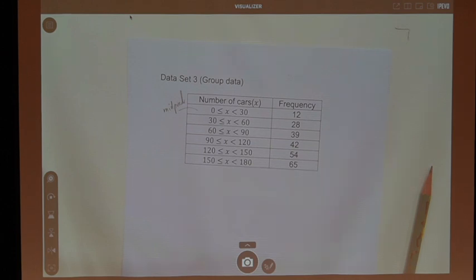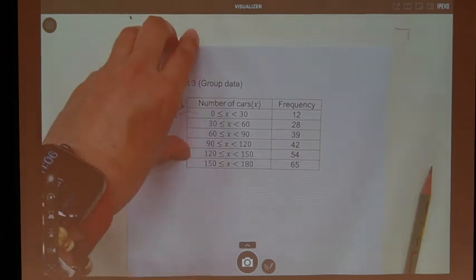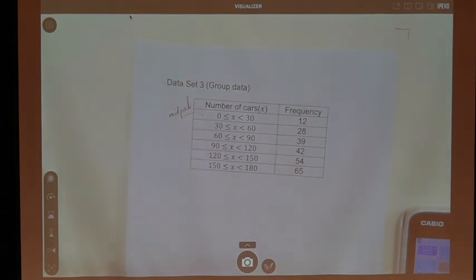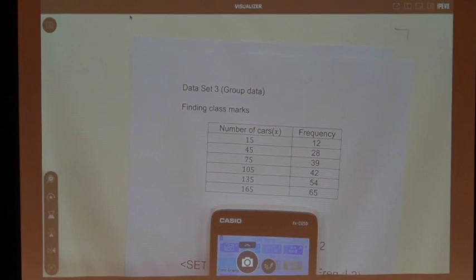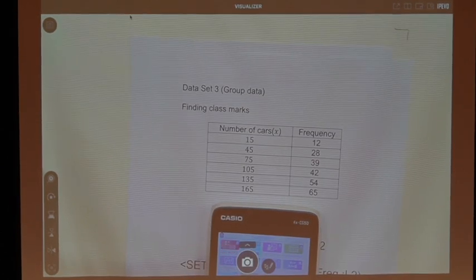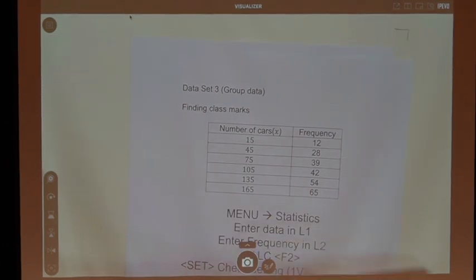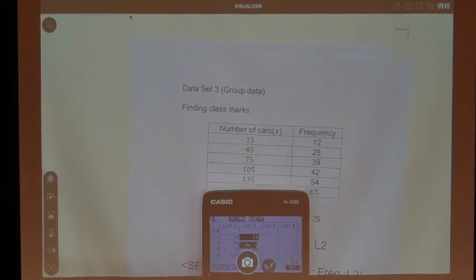So we find the midpoint there, and because of the time, just like a cooking show, I have actually found all the midpoints. I have typed that in already.